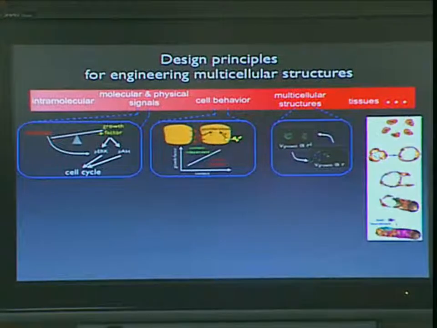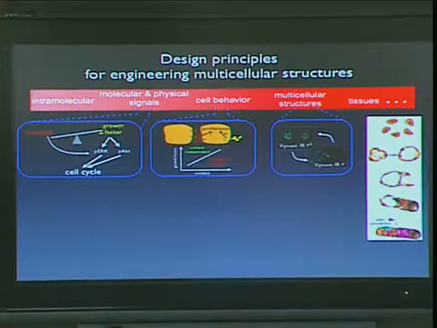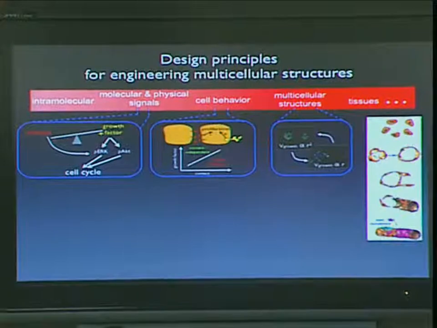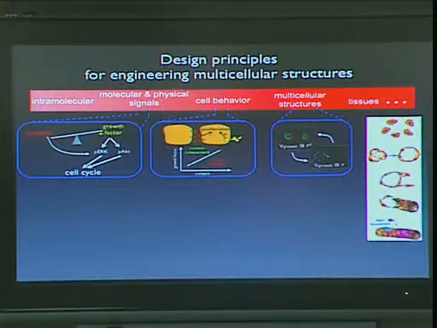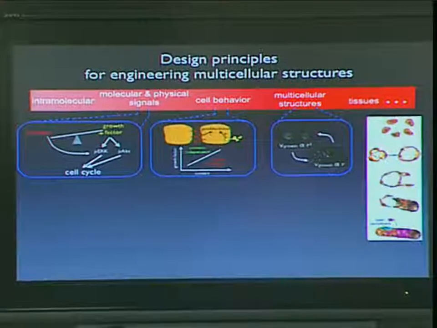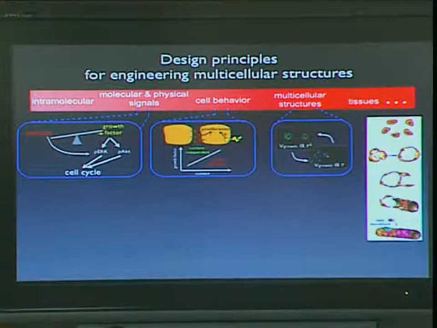So what I've described so far is what we think also just one building block in many that are needed for the engineering of tissues. So the example that I've been emphasizing is this proliferation that in principle now can be switched between at a rate that grows proportional to the area or proportional to the perimeter.